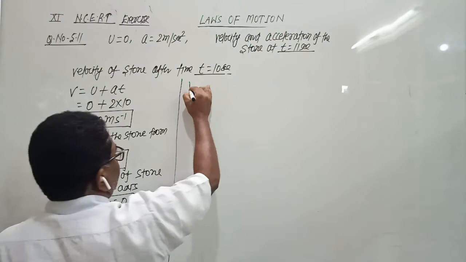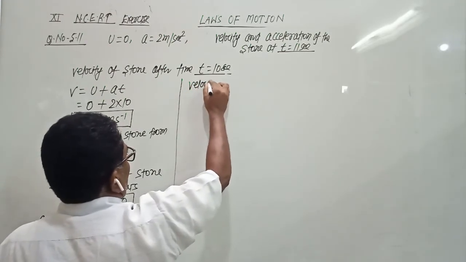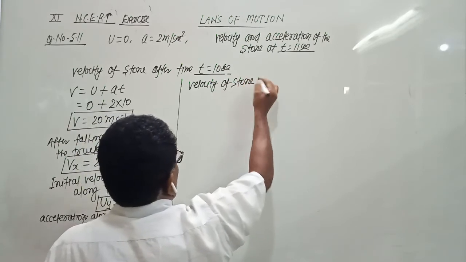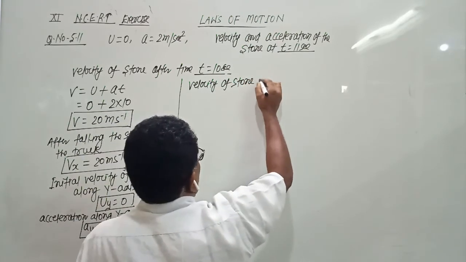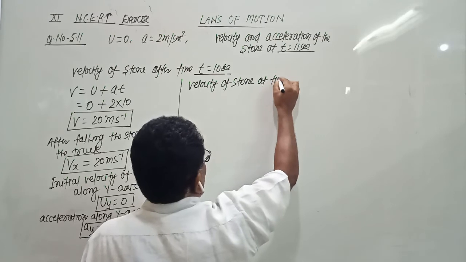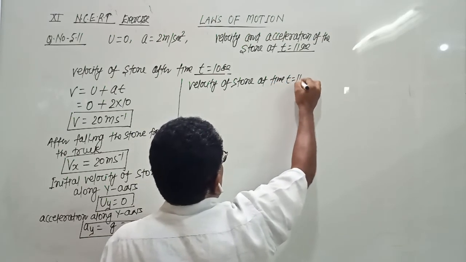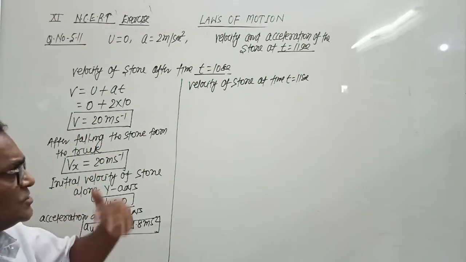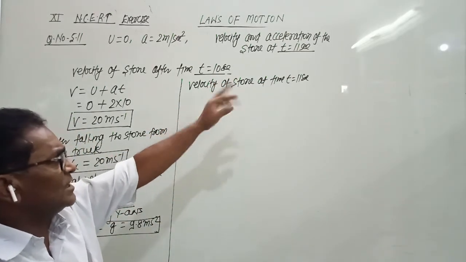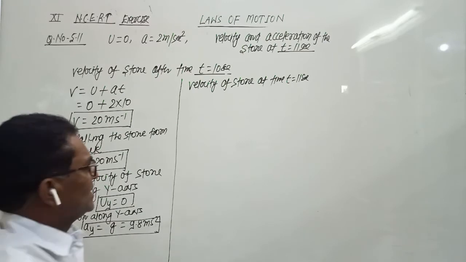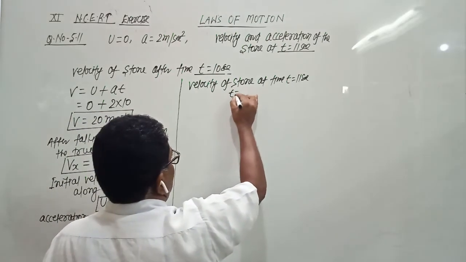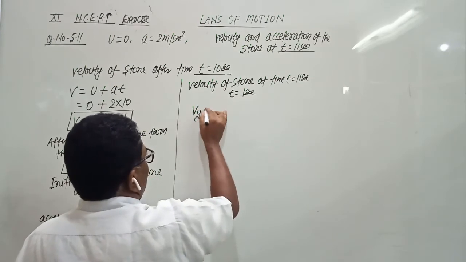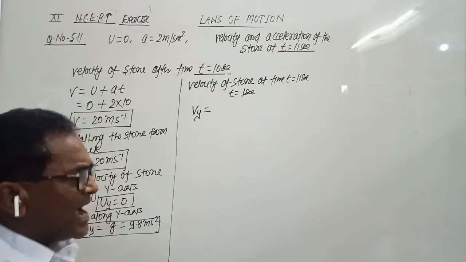Now we have to find the velocity of the stone at time t equals 11 seconds. At t equals 10 seconds the stone is dropped, and we calculate the velocity at t equals 11 seconds. So the duration of the time interval is 1 second. This is the velocity along the y-axis.